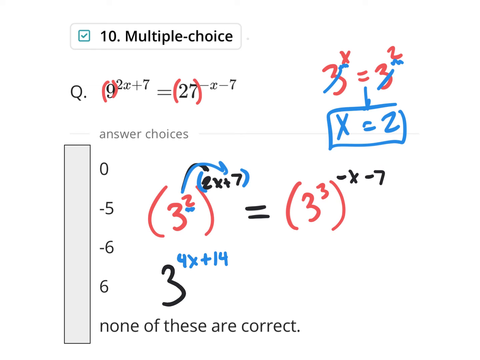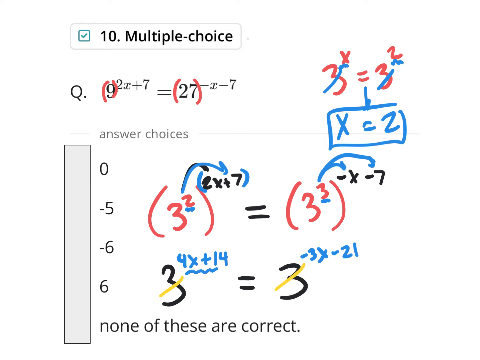And then over here we also have the equal sign, we also have the base 3, and again we're going to distribute, because we have a power to a power: 3 times negative x, that's negative 3x, 3 times negative 7, that's negative 21. So here's our new equation that has the same base, 3, which we can eliminate, giving us a new, simpler equation with variables on both sides.